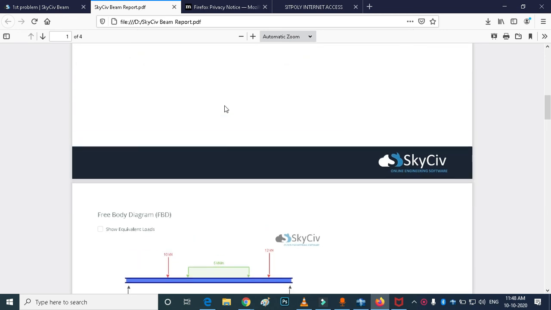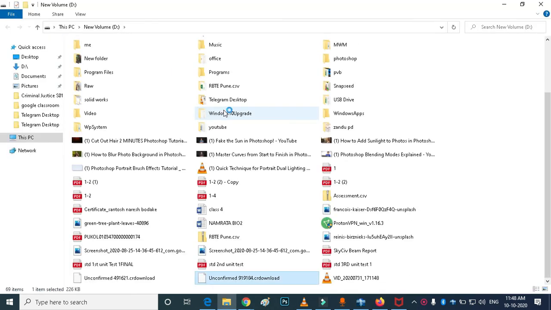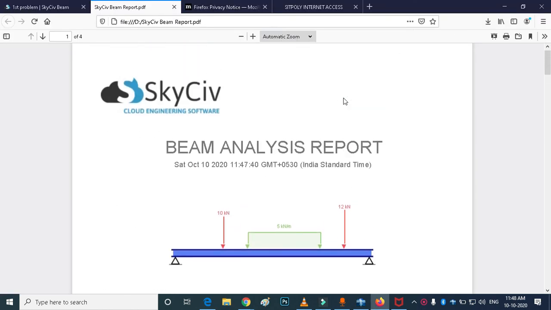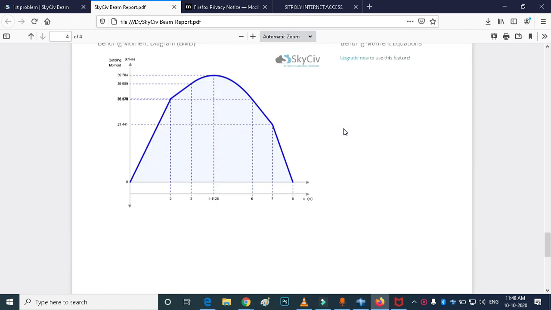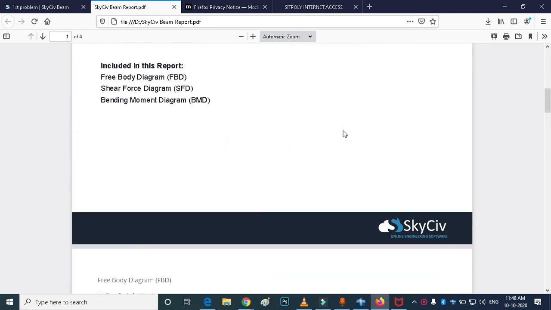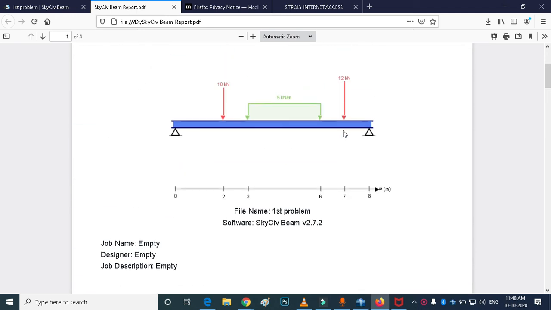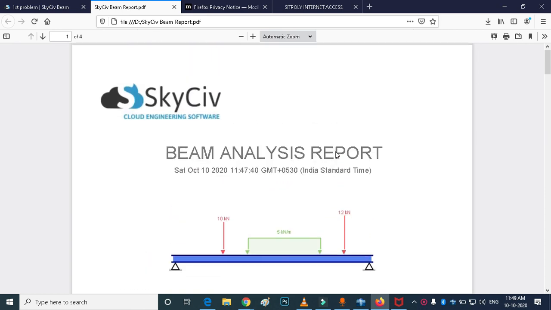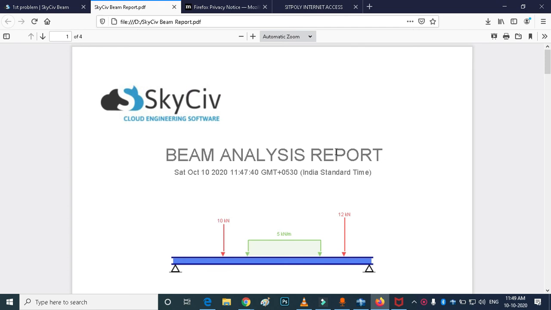Of this, you need to take the printout of these 4 pages only. Okay, so take the printout of these 4 pages and keep them with you. So when you come after lockdown and when the college starts, get it checked and get the marks accordingly.